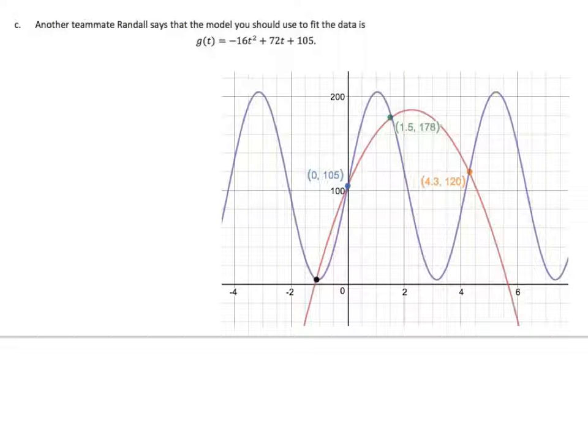Another teammate, Randall, says the model you should use to fit the data is a quadratic model. So I sketched that one right here. And as you can see, it hits the points spot on or pretty darn close.